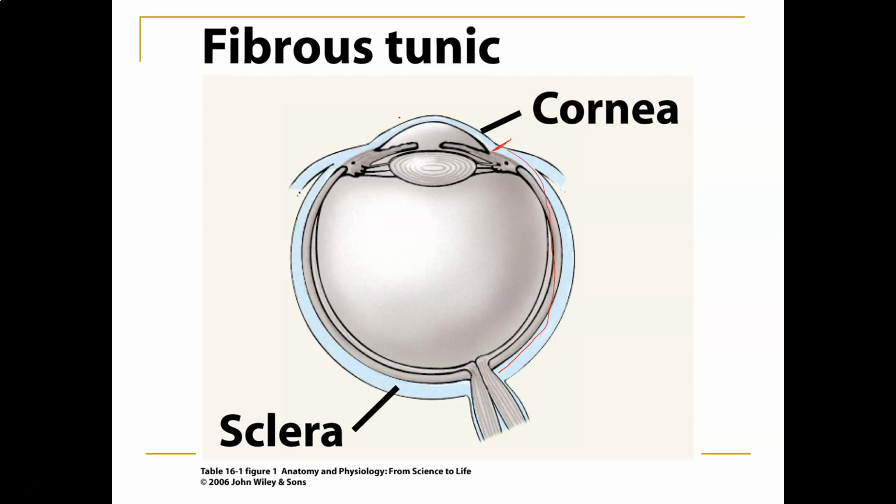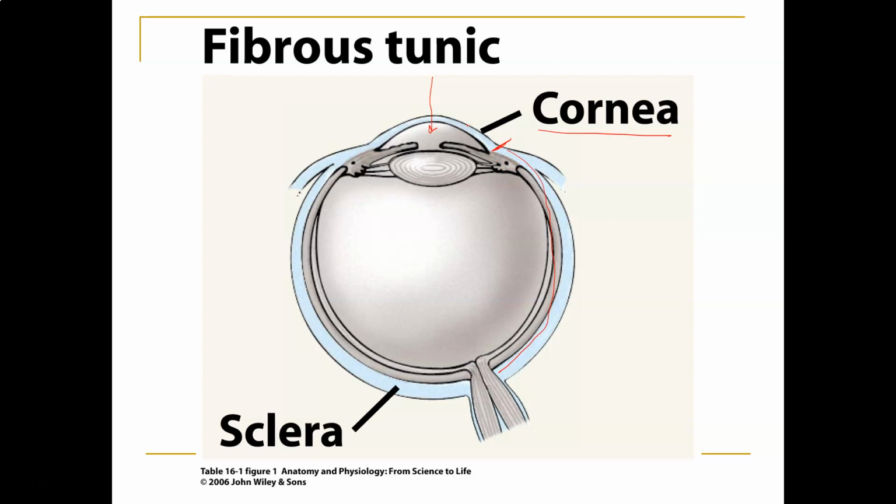So this is all the sclera of the eye. But then the anterior-most part of the outer tunic needs to be transparent, clear, so that light rays can enter, and we call that the cornea. It's also a dense connective tissue, but the collagen fibers within it are arranged in such a way that overall it's a transparent covering.